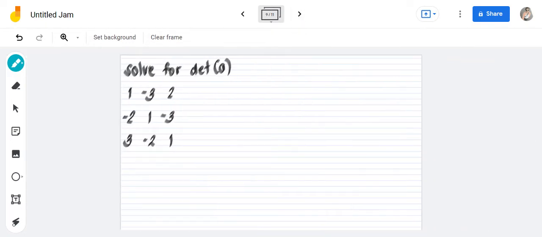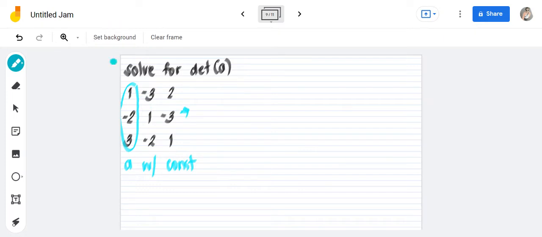Next, we solve for the determinant of matrix A, wherein we substitute the column representing A with our constants.